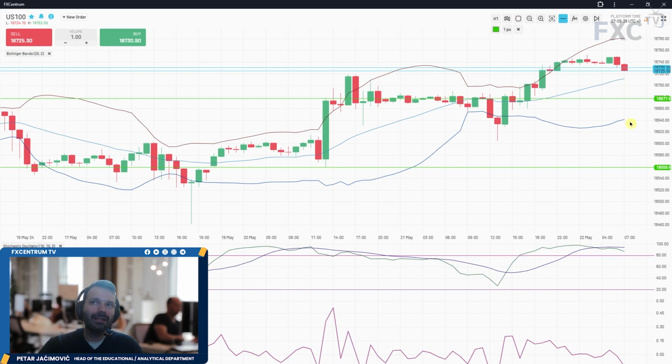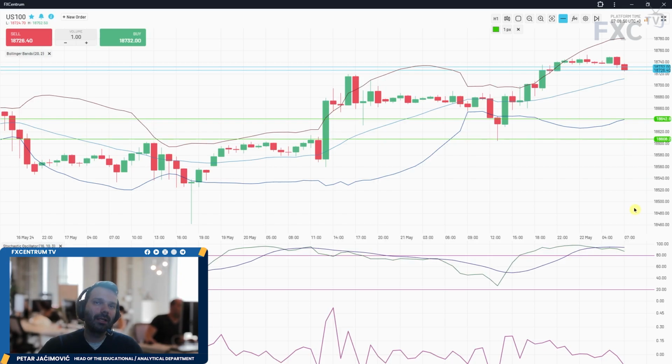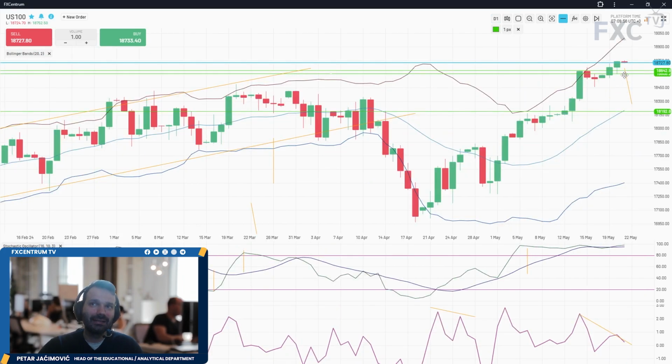So if the market can again trade and break below the lower Bollinger Band at 18,640 mark, or even if the market can clear 18,600 mark and hold below, that will be the change from my perspective on the intraday frame that can lead to this daily correction, or the bigger downside correction, at least a correction on the US 100. Rate of change, as alerted, we can already see the big divergence.